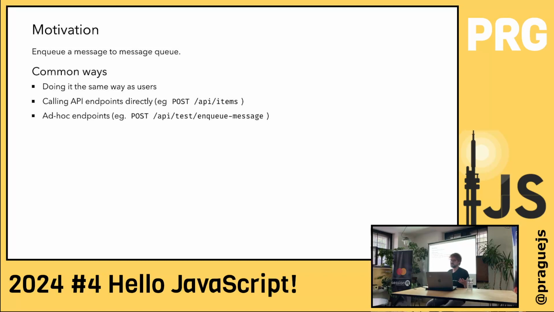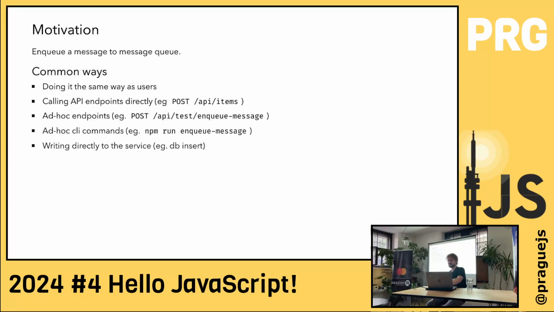You could create some ad hoc endpoints just for testing. That means you have to provide the payload basically in its full. If it's some huge JSON, you have to generate it first, write it manually, and then pass it to this endpoint. The same would go if you created like a ad hoc CLI command instead.